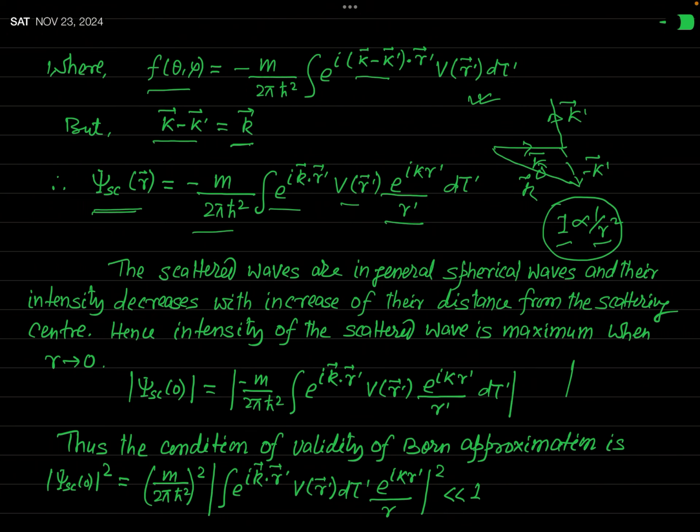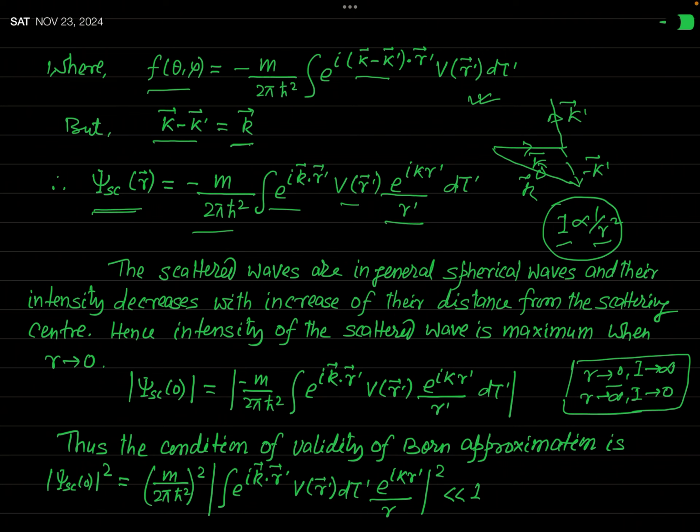And therefore you can say when this r tends to 0, intensity will tend to infinity. And when r tends to infinity, intensity of a spherical wave will tend to 0. So it is obvious that in case of spherical waves, the intensity is maximum in the region where r tends to 0.